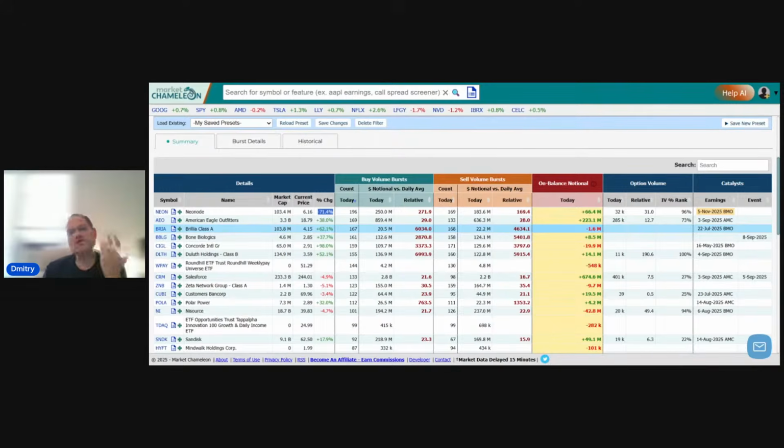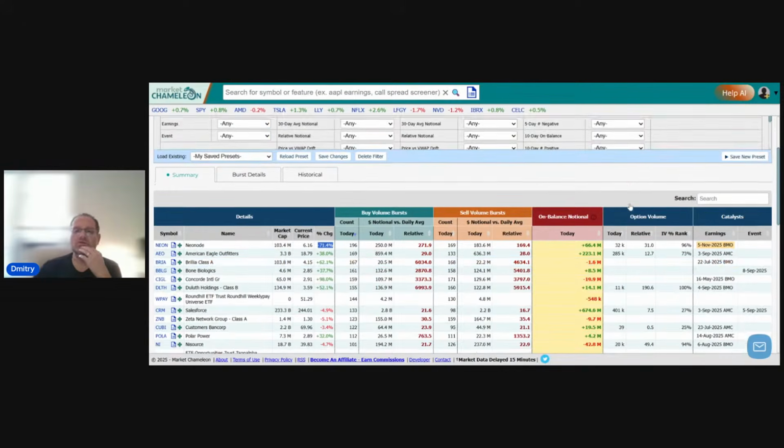But what if we wanted to filter out maybe an imbalance to one side? Maybe something's going on. Somebody is establishing a position, and we want to see if we could filter it out to look at it further.